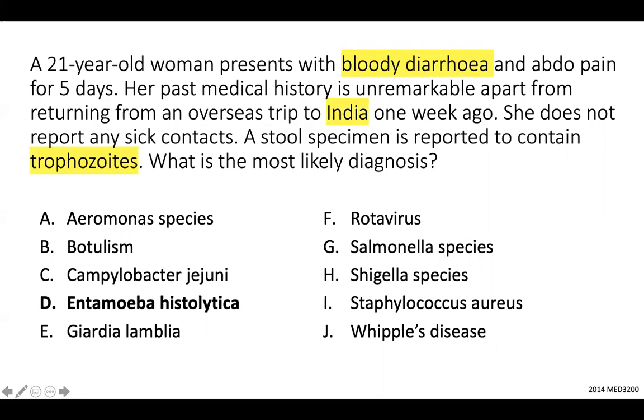So in this question, notice how it's not actually bloody diarrhea. It's just large amounts of voluminous bowel actions with chicken. So that will point you more towards your Salmonella picture.